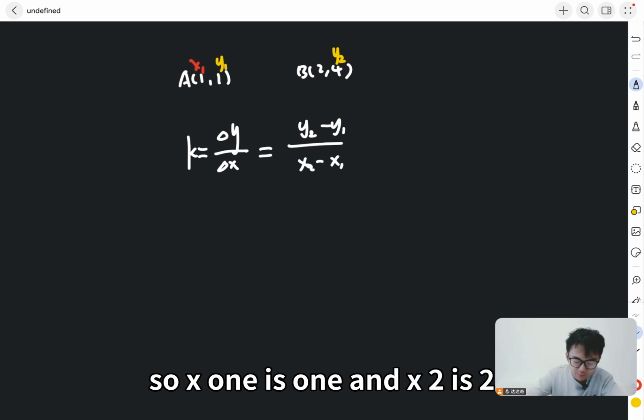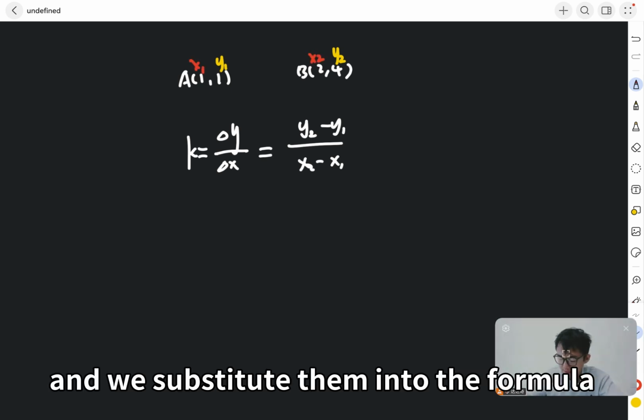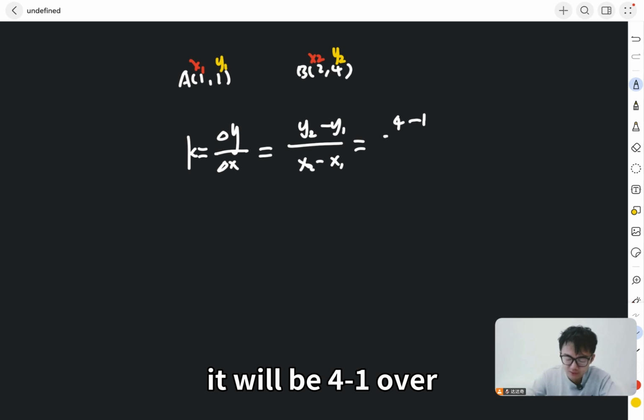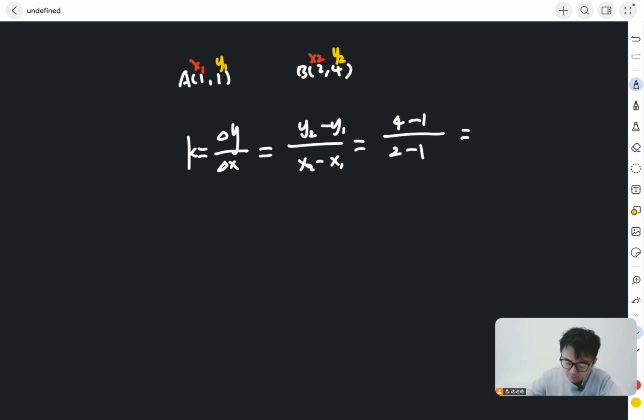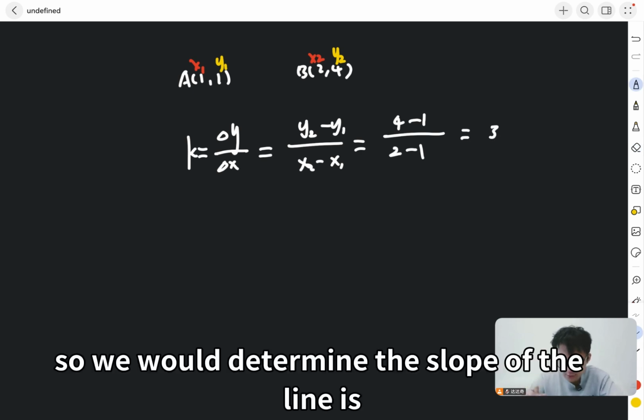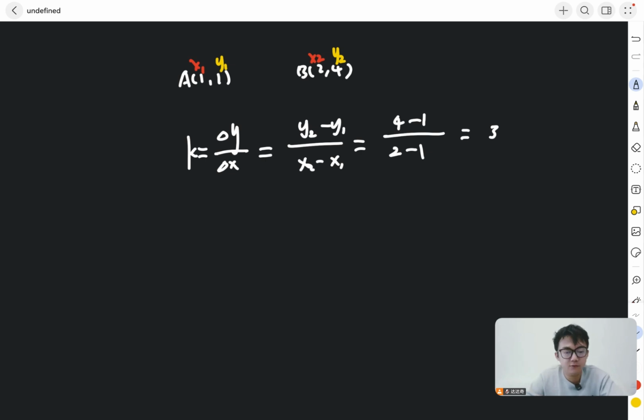So x1 is 1 and x2 is 2, and we substitute them into the formula. It will be 4 minus 1 over 2 minus 1, and the value would be 3. So we determine the slope of the line is 3.